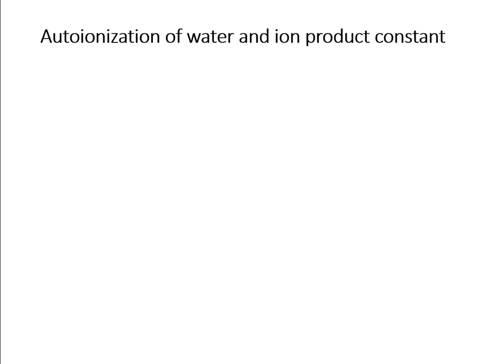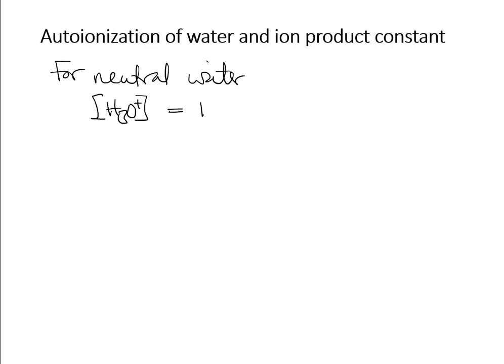All right, so we are continuing with the auto ionization of water. In the last video, we said that for neutral water, the concentration of this is equal to 1.0 times 10 to the negative 7.